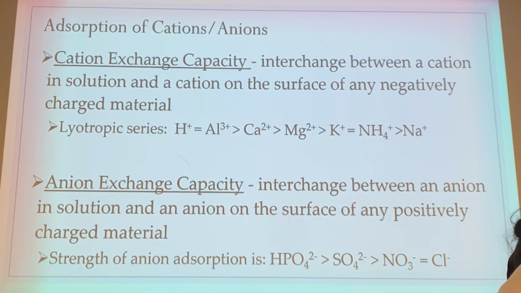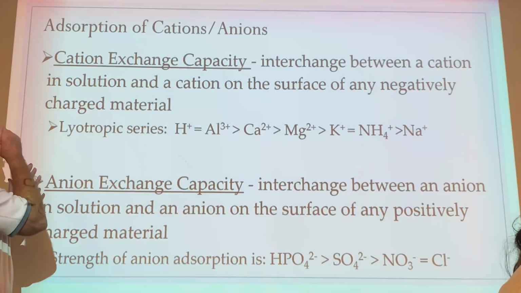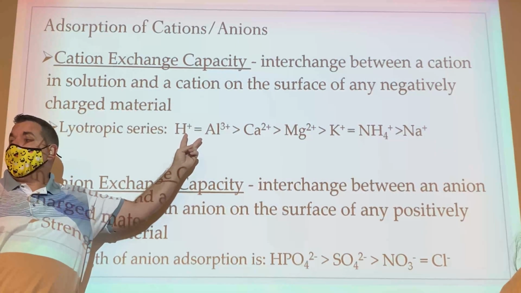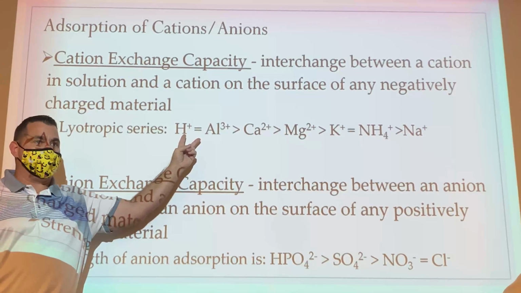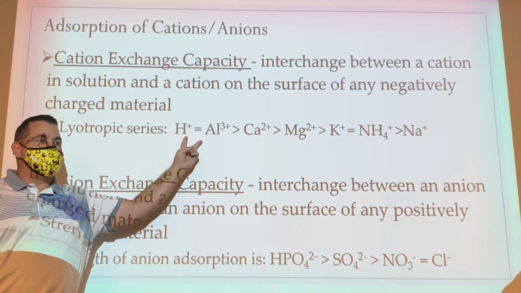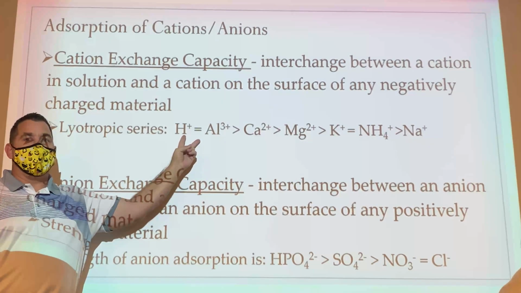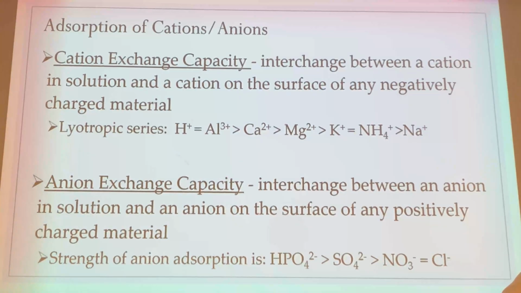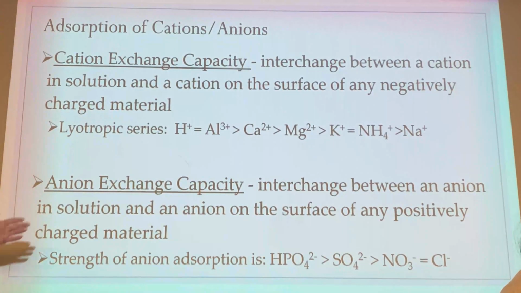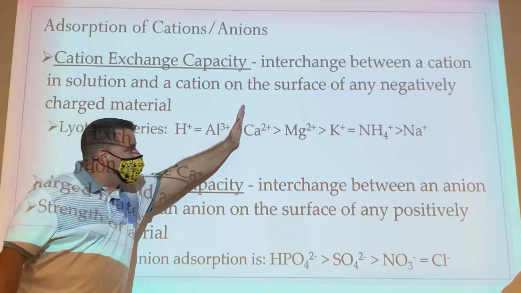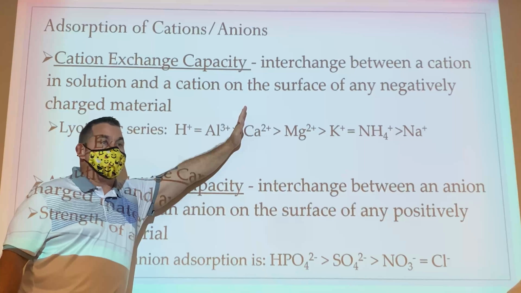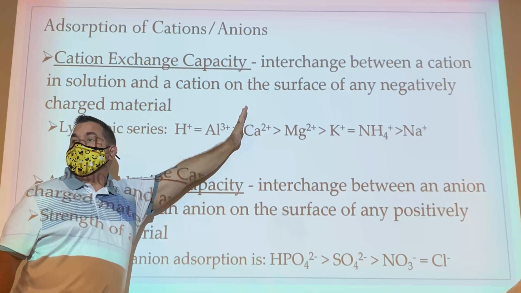I'm going to set this up for when we move into talking about pH. Hydrogen and aluminum are our acidic cations. Everything to the right, these are considered our base cations, and these are what give us our alkaline soils.